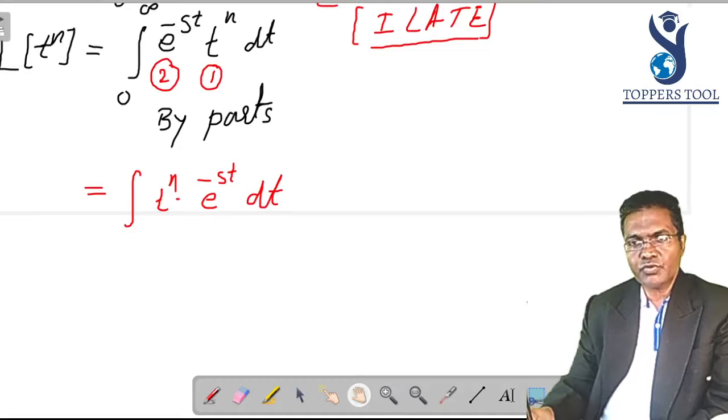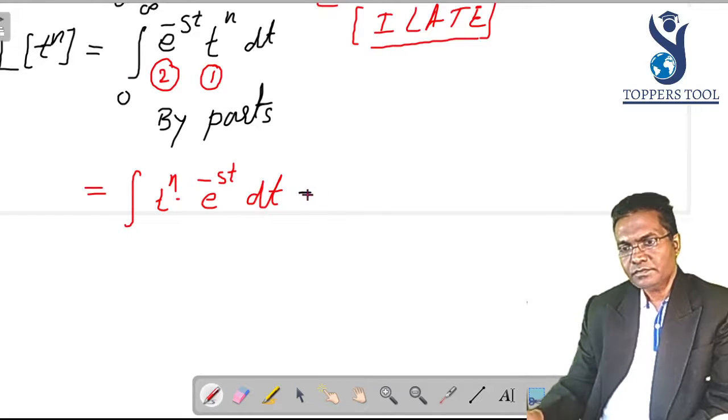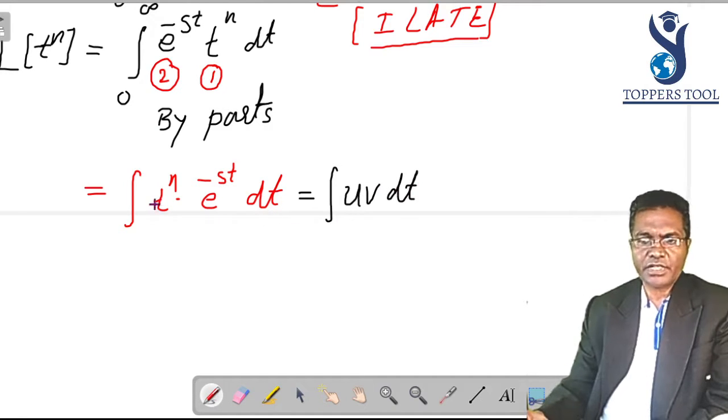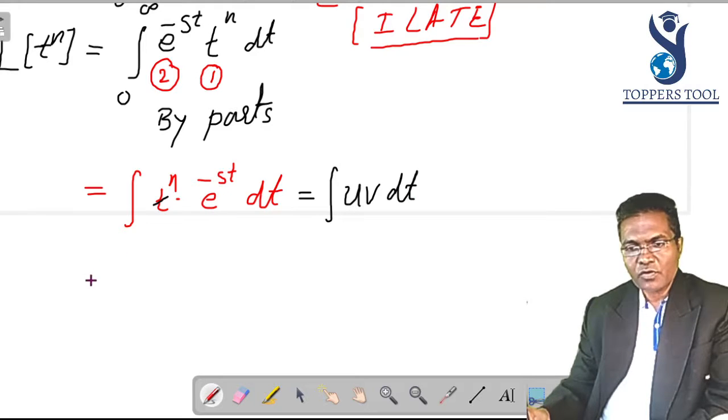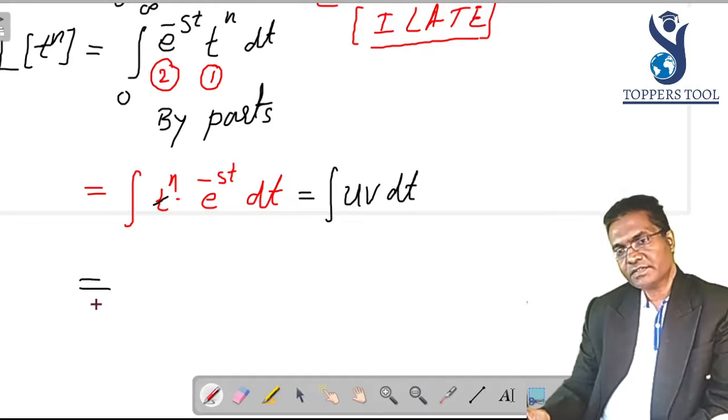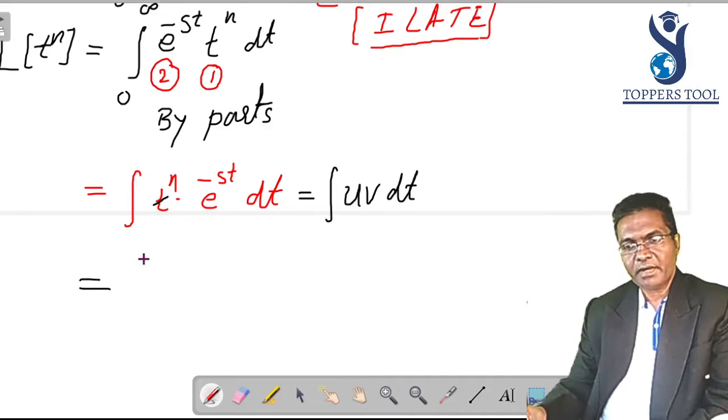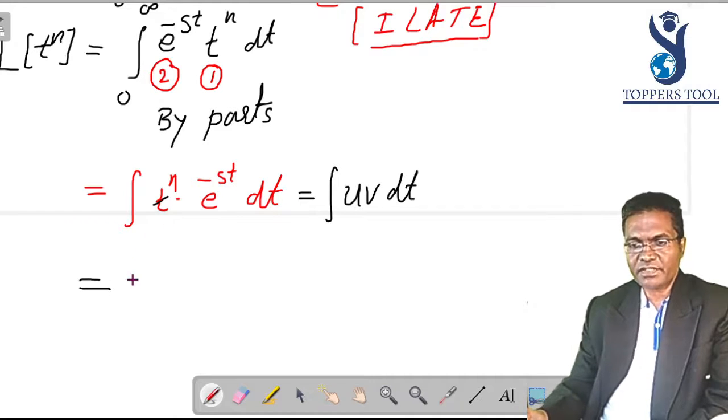Now this is of the form u into v dt, so t power n is u and e power minus st is v. So by parts, first function, that is t power n, as it is, into integration of second.